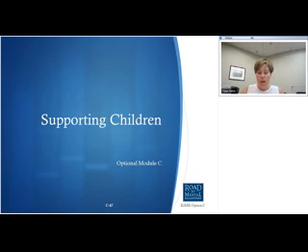The third module, Module C in the optional modules, is supporting children.